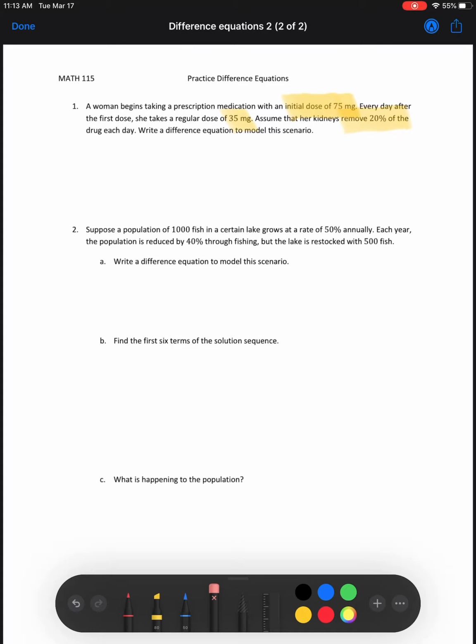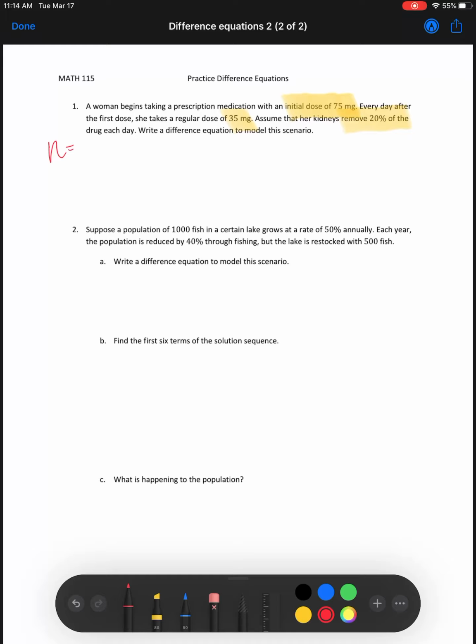All right, so if we are trying to write a difference equation, the first thing that we should actually do is define what the n and the x sub n are. So in this case, we're talking about this person taking a medication every day, and the drug is being removed by the kidneys each day.